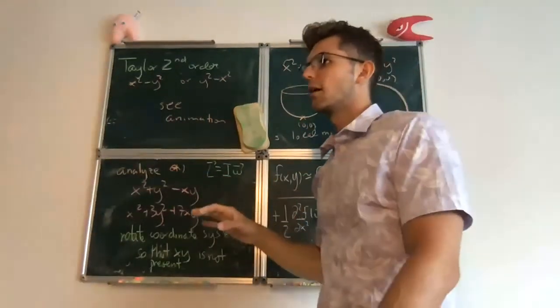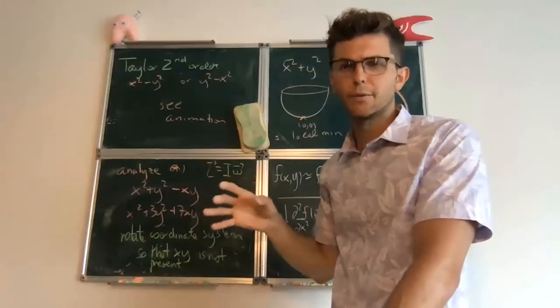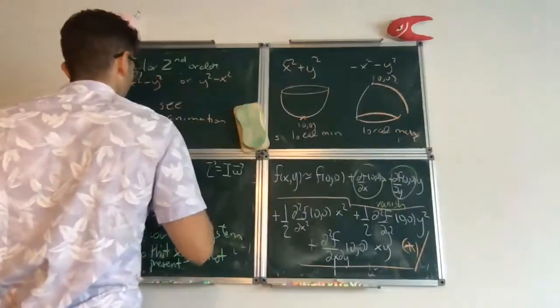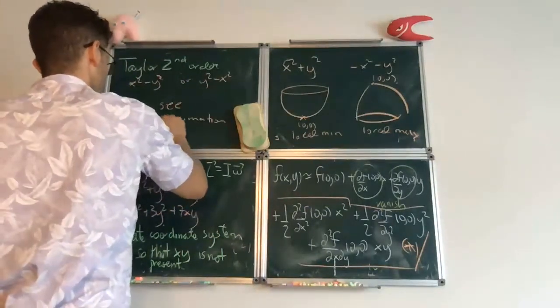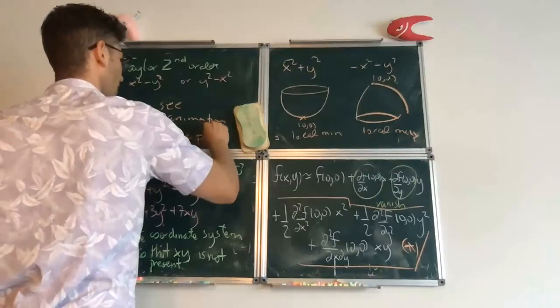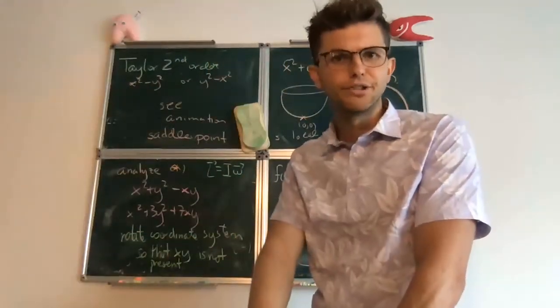This is the analog of what's known as an inflection point for functions of one variable, but what we call a saddle point here. I'll show you an animation in a couple of seconds so that it's more clear. You should think of this as a Pringles potato chip.